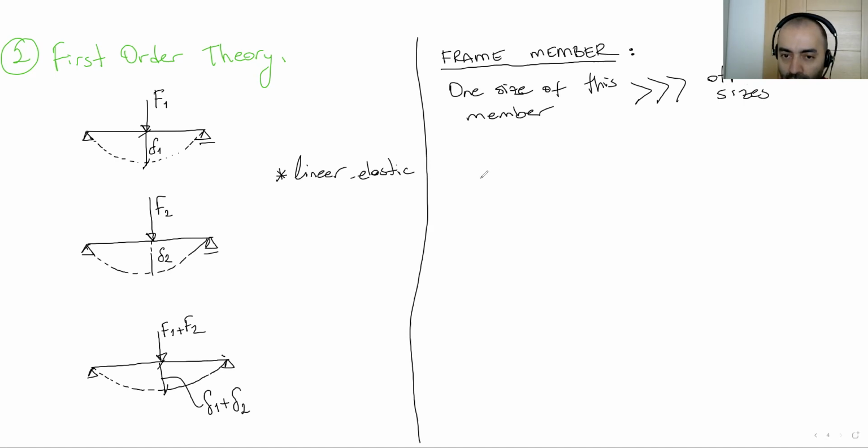For example, I have a rectangular beam. Okay, this is a kind of three-dimensional member.